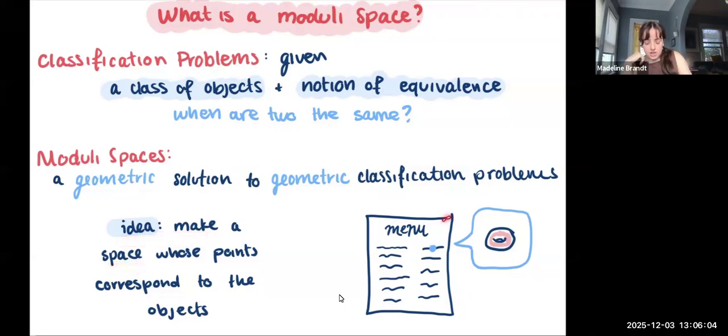You can think of your moduli space as some menu where you point to a specific point in the space, and then it conjures up the object that you're interested in, or an equivalence class of the objects that you're interested in. And in algebraic geometry, a nice feature is that as you move this point around in your space, nearby points correspond to objects that are similar to each other in some way.